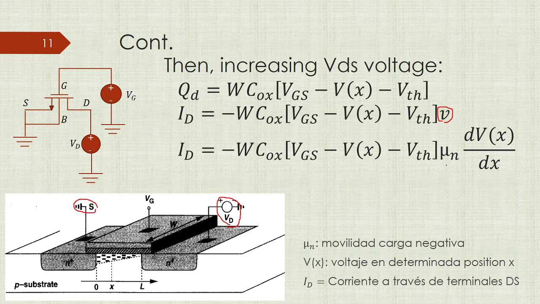Now the velocity will be the mobility. In this case we are analyzing NMOS transistors, so this will be the mobility of the electrons, times the gradient at a certain point in our transistor, which is the gradient of the voltage with respect to dx.